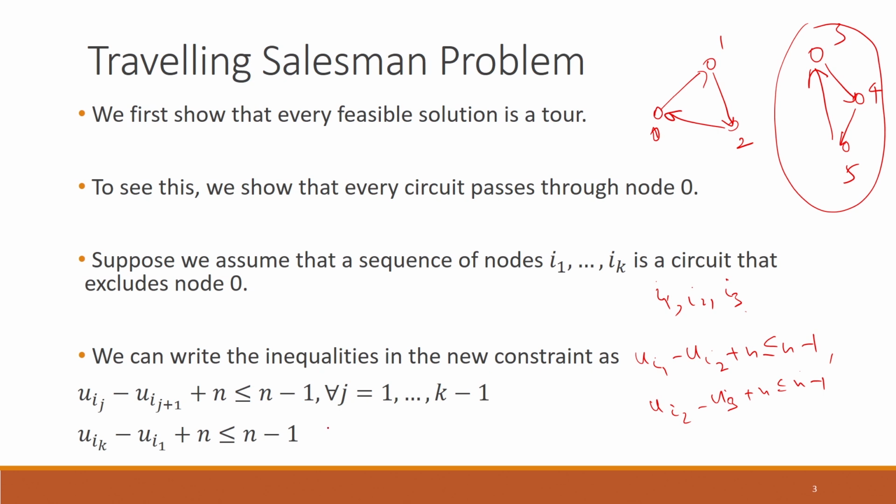So, that is why this last constraint, where we are going from node I3 to I1, needs to be written separately. So, we will be having u_I3 minus u_I1 plus n less than or equal to n minus 1. That is why this last constraint is written separately here.